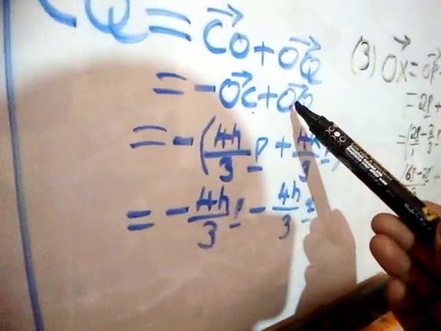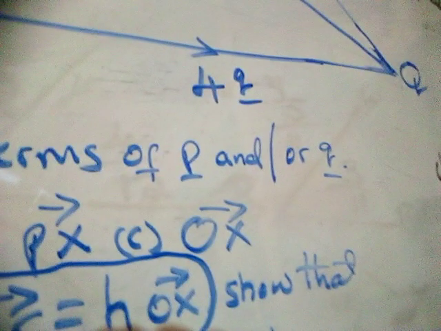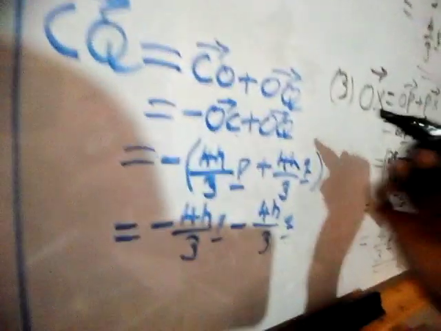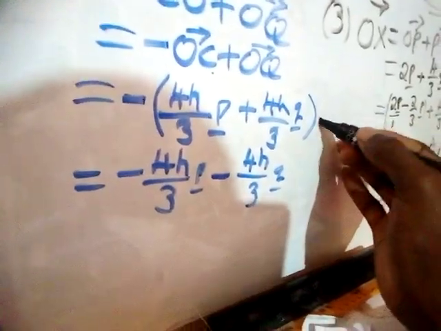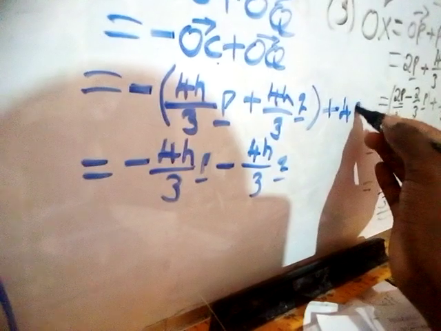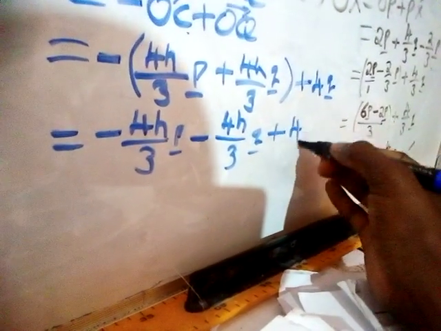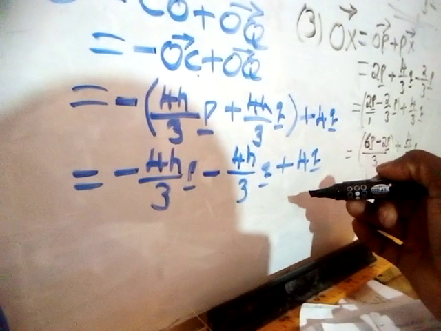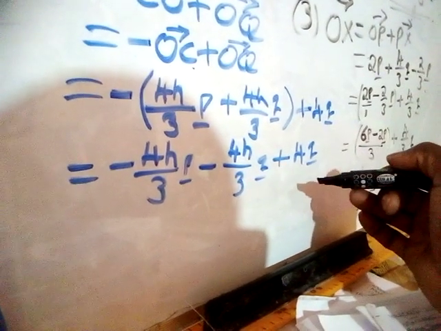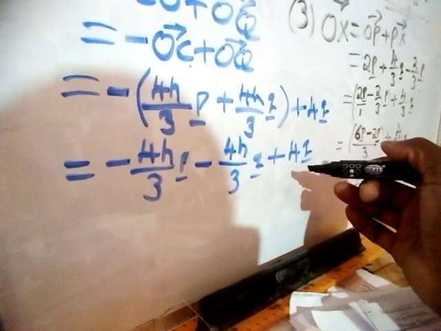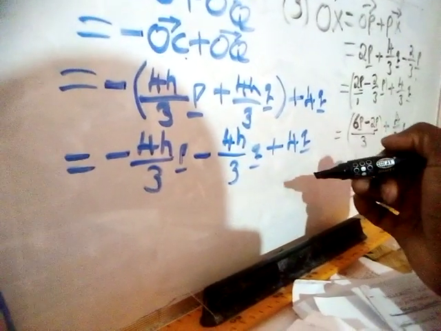So we need to add on vector OQ, which happens to be 4 vector Q. So at the end of the day, we could just add plus 4 vector Q, because that is vector OQ. From here, we're going to simplify this.